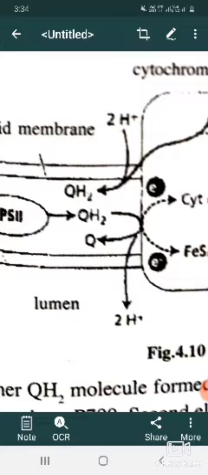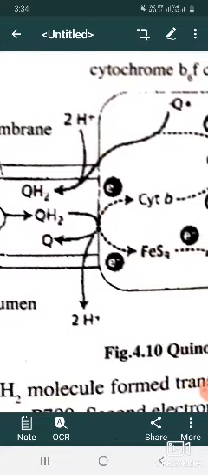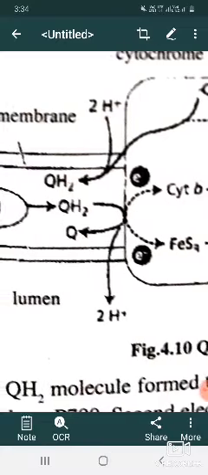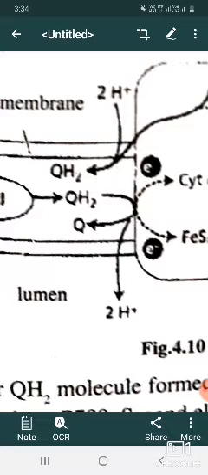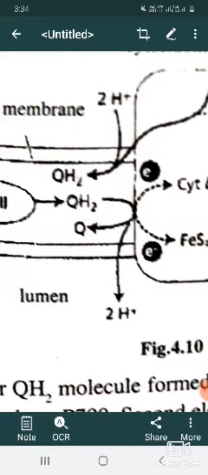The electron released from PS1 reaches PQ through ferredoxin and cytochrome b6. PQ derives two hydrogens from the stroma and is reduced to PQH2.